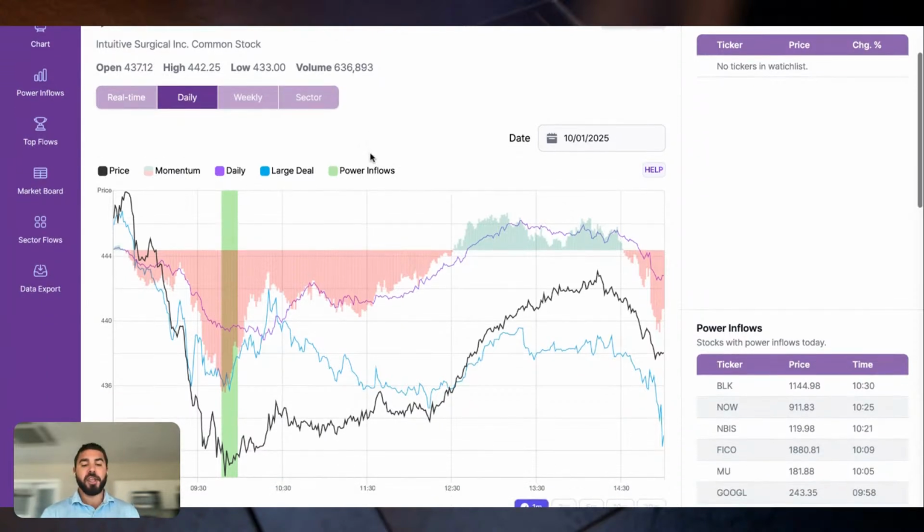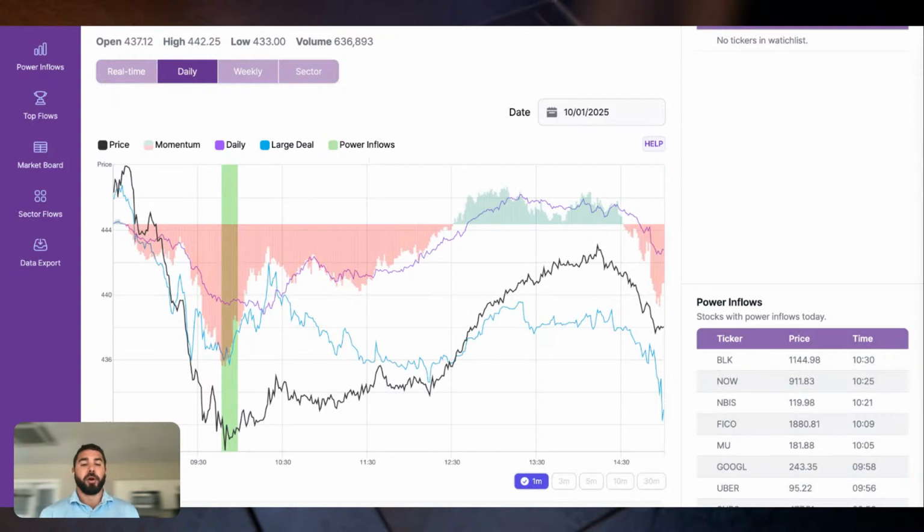If we look at the chart here for ISRG from yesterday, I feel like this is a pretty good example of how all these data points work together. If you notice, the black line, the price, was pretty steep downward for the first couple hours of trading yesterday. It was a pretty significant decline. It opened up around 446, and within an hour or two, it was down to 430-ish.